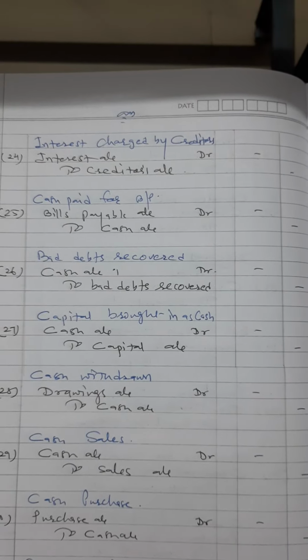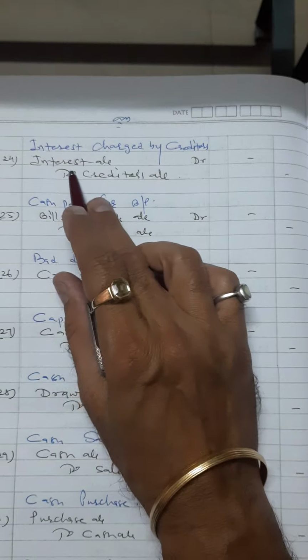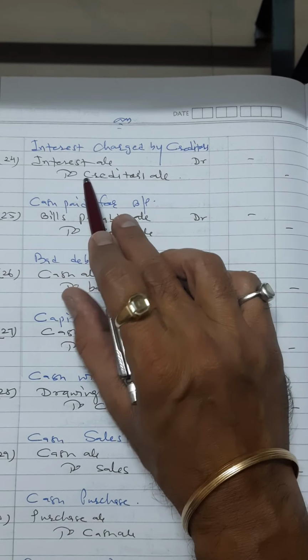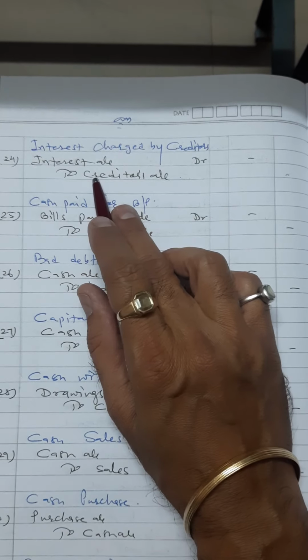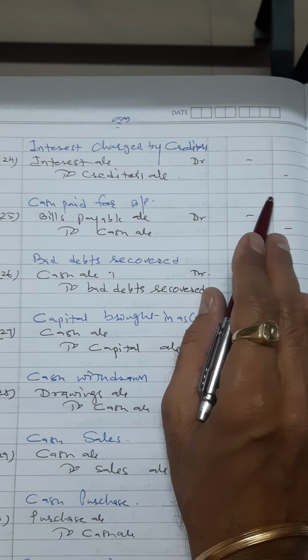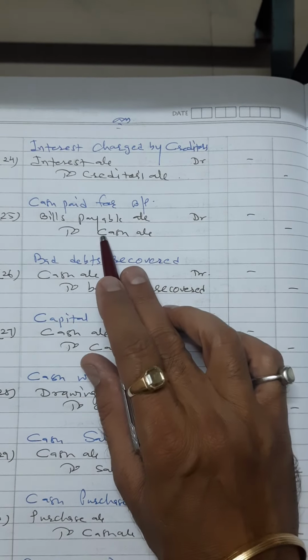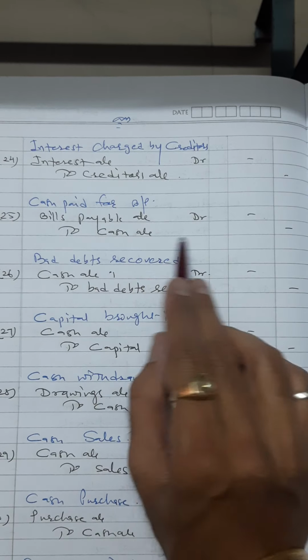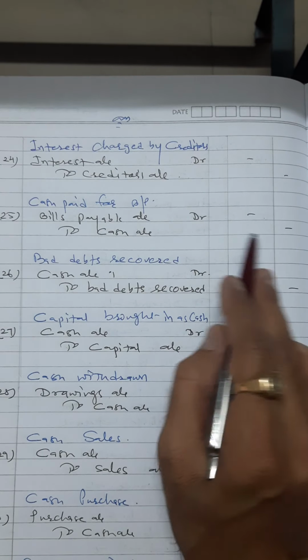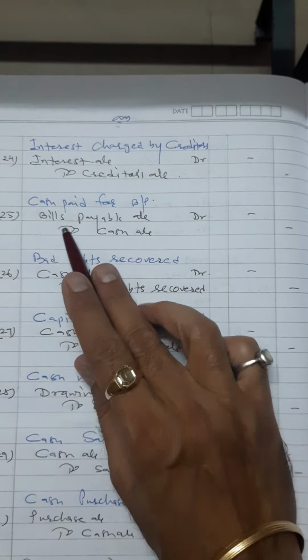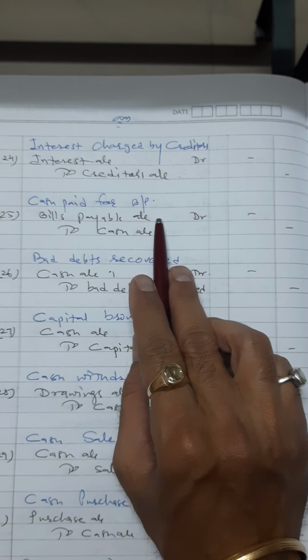Then after it comes 24th number entry, which is interest charged by creditors. So interest account debit or profit and loss account debit to creditors account. Cash paid for bills payable. So bills payable account debit to cash account, because cash goes out and who is the receiver? Bills payable account.